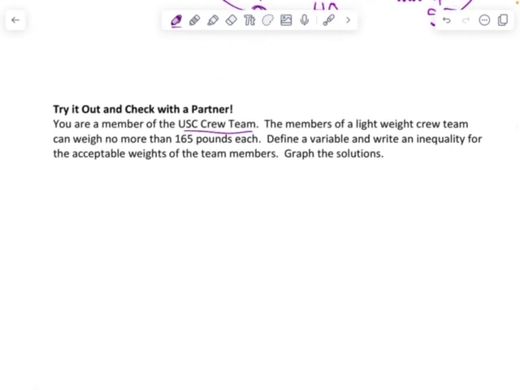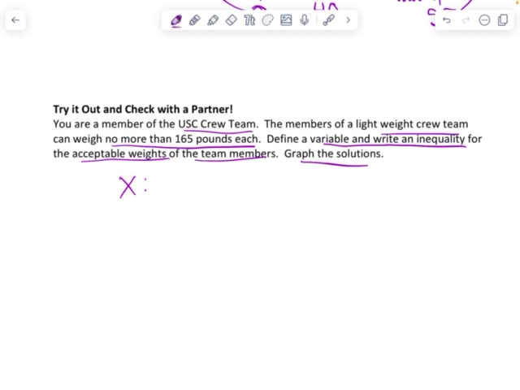And last but not least, you're a member of the USC crew team. The members of a lightweight crew team can weigh no more than 165 pounds each. Define a variable and write an inequality for the acceptable weights of the team members and then graph. All right, so let's first define a variable.